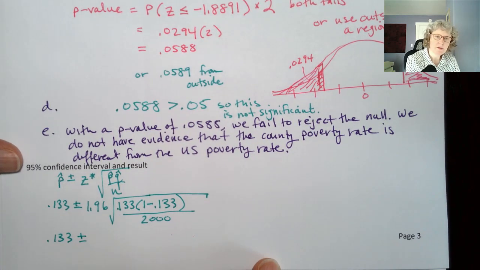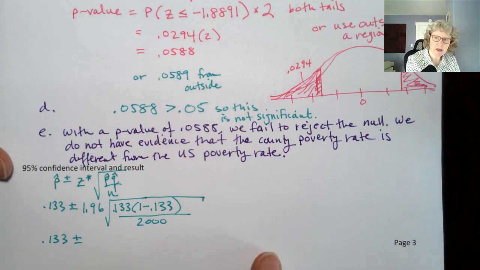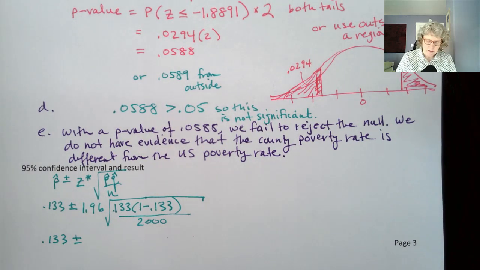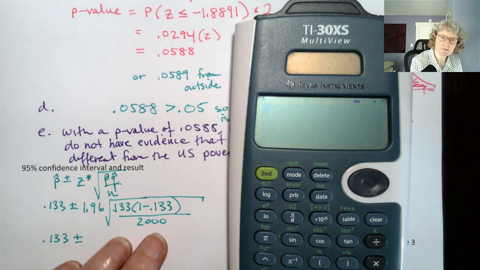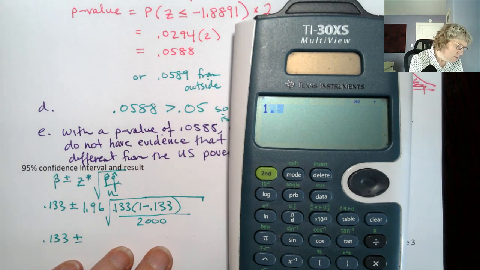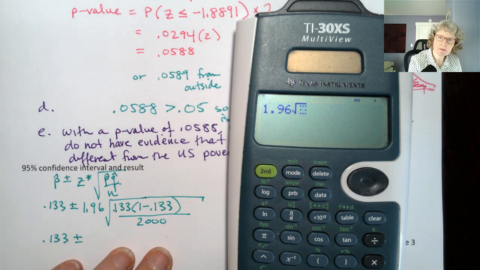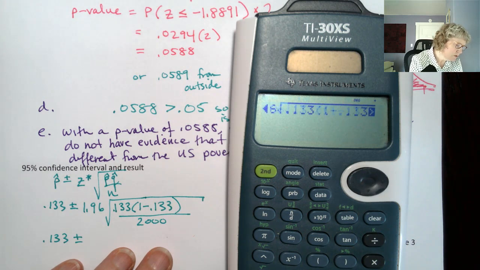Okay, so I'm going to rewrite my 0.133 plus or minus and calculate the margin of error all at once. 1.96 times the square root of 0.133 times (1 minus 0.133), divided by 2,000.